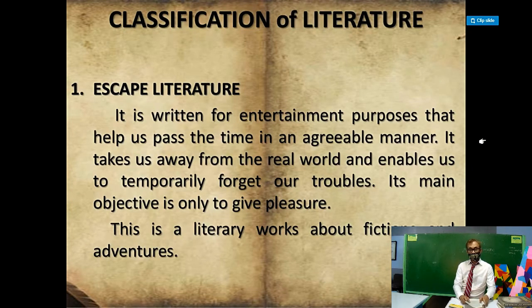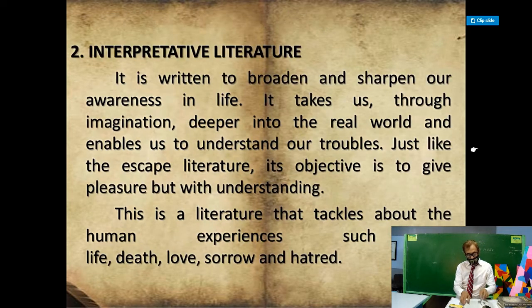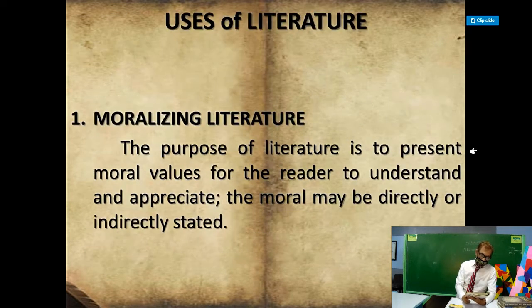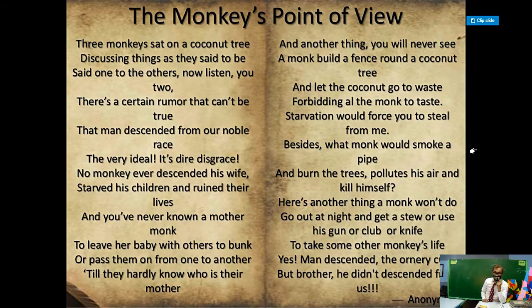There are classifications of literature, however. Number one, escape literature, and interpretative literature. And what are the uses of literature? There is literature that will moralize humans, that is moralizing literature. That's to present moral values for the reader to understand and appreciate.